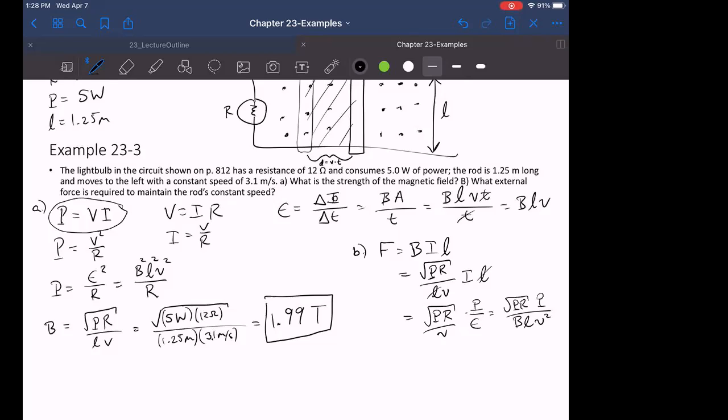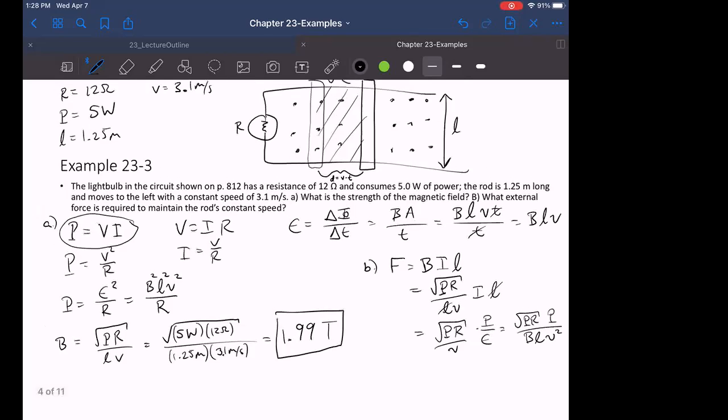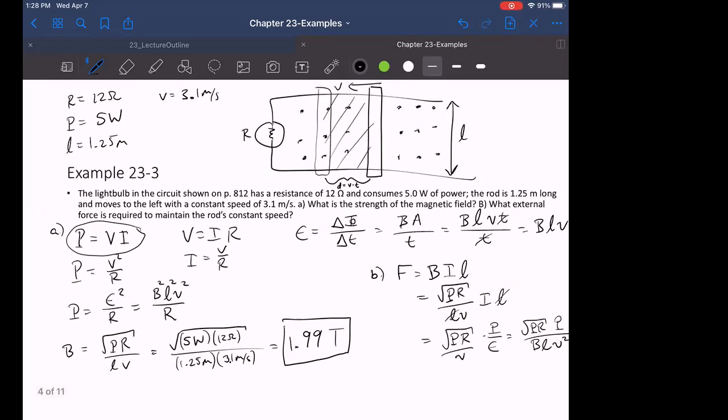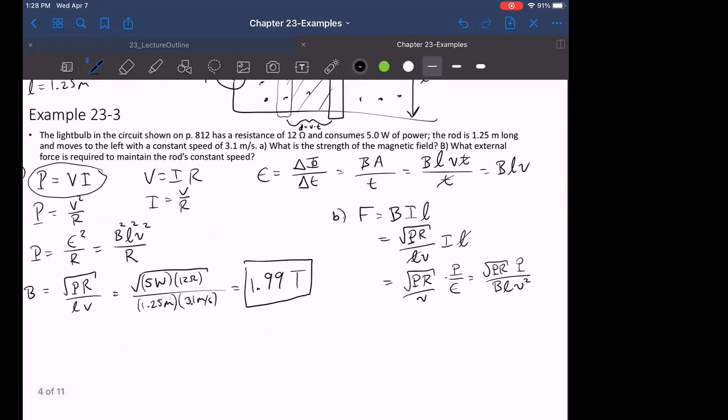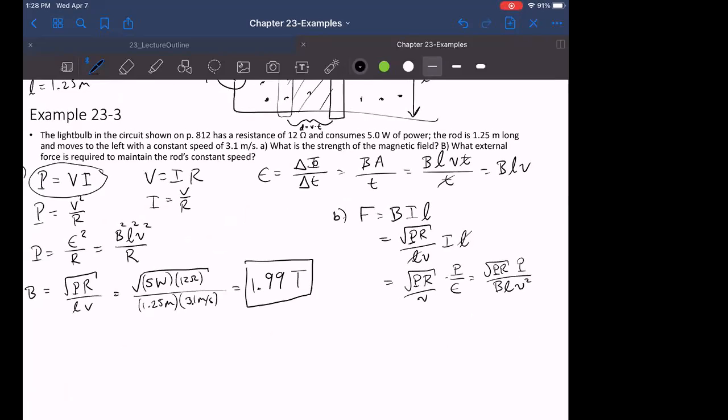Well, essentially at the end I have F equals B times P over BLV times L, because I didn't have a square root of PR. You didn't? Why didn't you? I got 1.61. Well, I was following your steps.